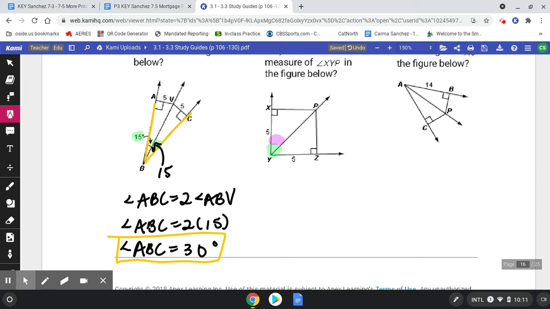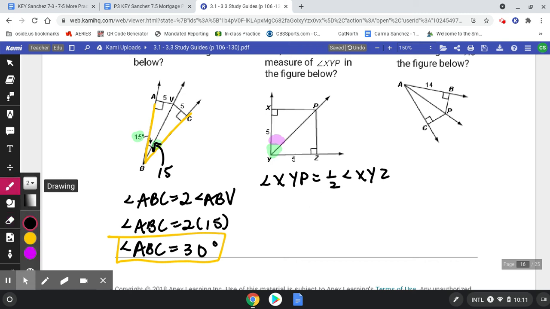Well, if I know that angle XYP is going to be half of angle XYZ, right? Half of this big angle. Then I know it's going to be half of that 88 degrees that they told us in the problem. So my answer is just half of 88, which is 44.